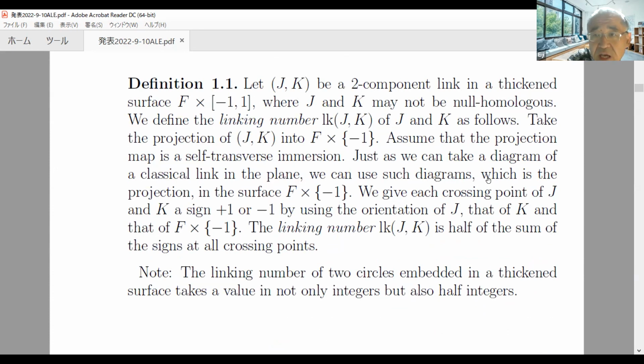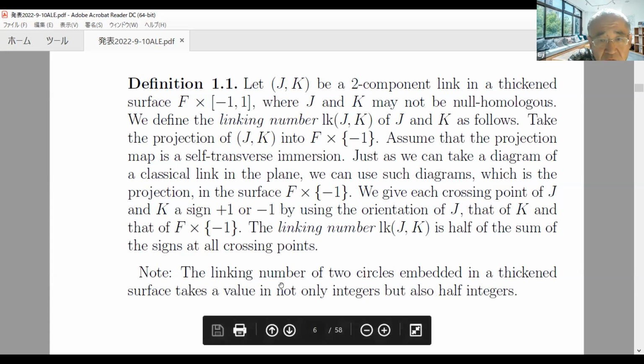We can use such diagrams, which is the projection in the surface F cross minus 1. We give each crossing point of J and K a sign +1 or -1, by using the orientation of J, that of K, and that of F cross minus 1. The linking number is half of the sum of the signs at all crossing points.